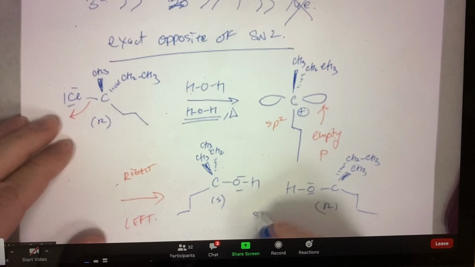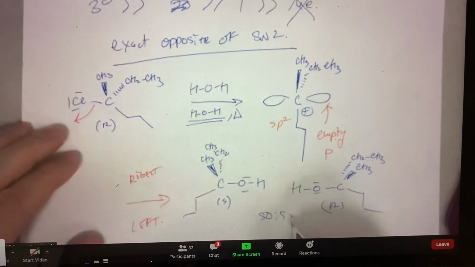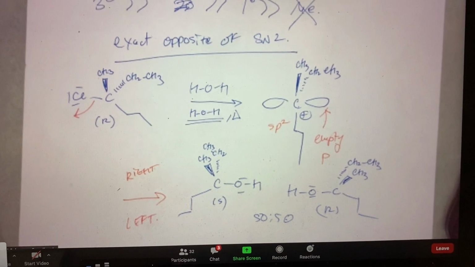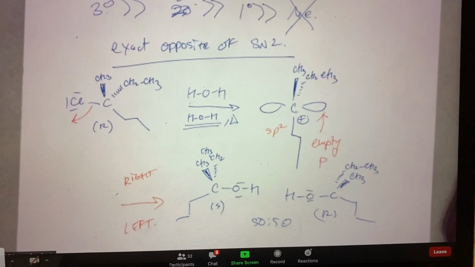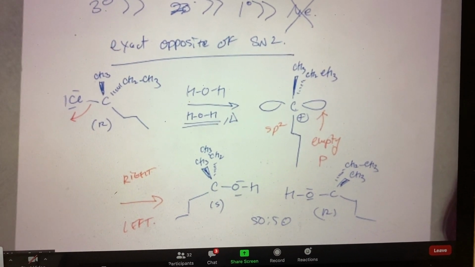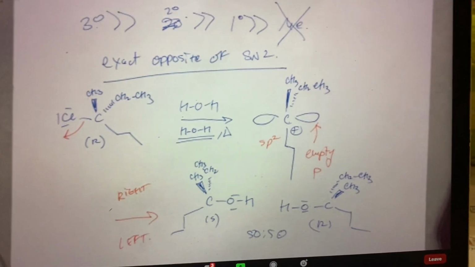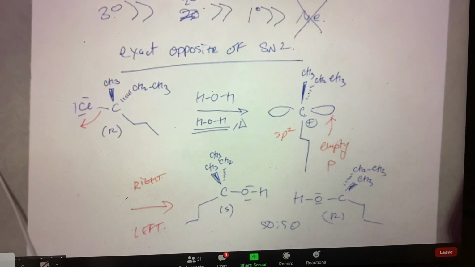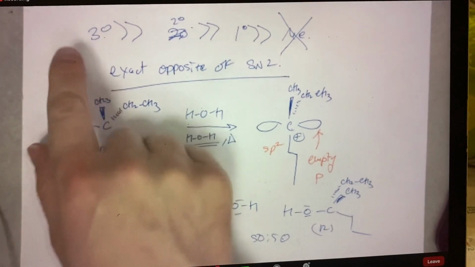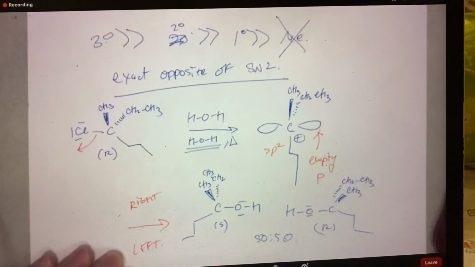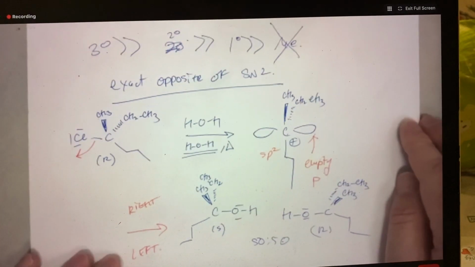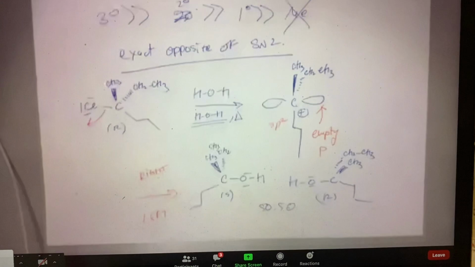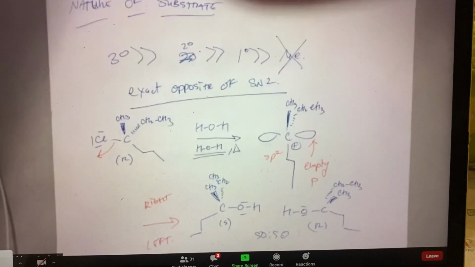And this happens about 50-50 times. So using an explicit chiral center like this lets us really put into our notes the nature of the stereochemical racemization. So substrate does matter. Tertiary is the best. And yep, I'll be a little bit more careful about this. Let me lift up the camera just a little bit. I have slightly different paper.